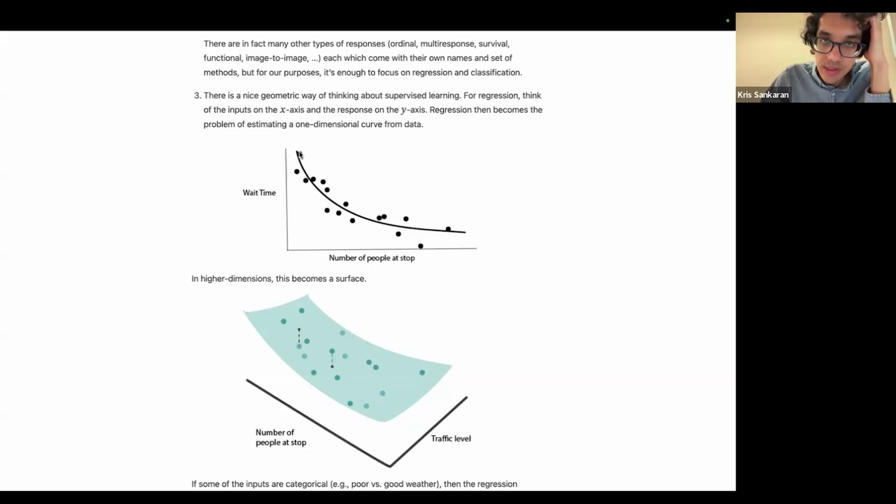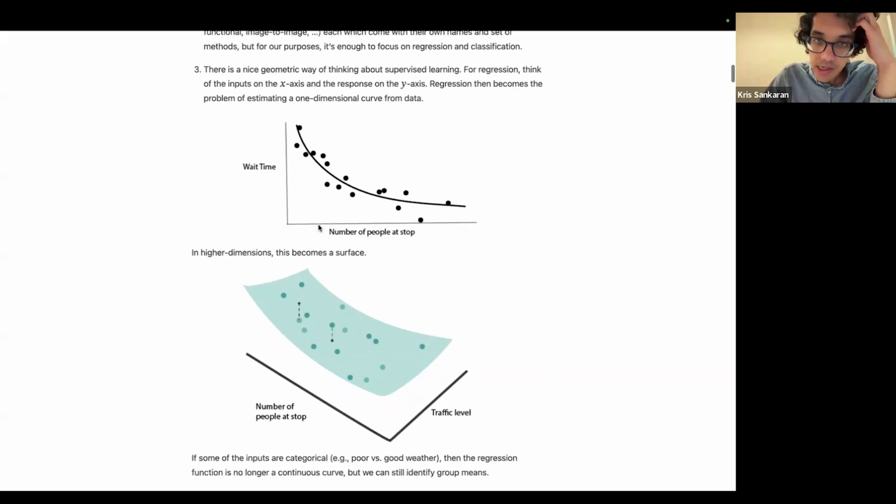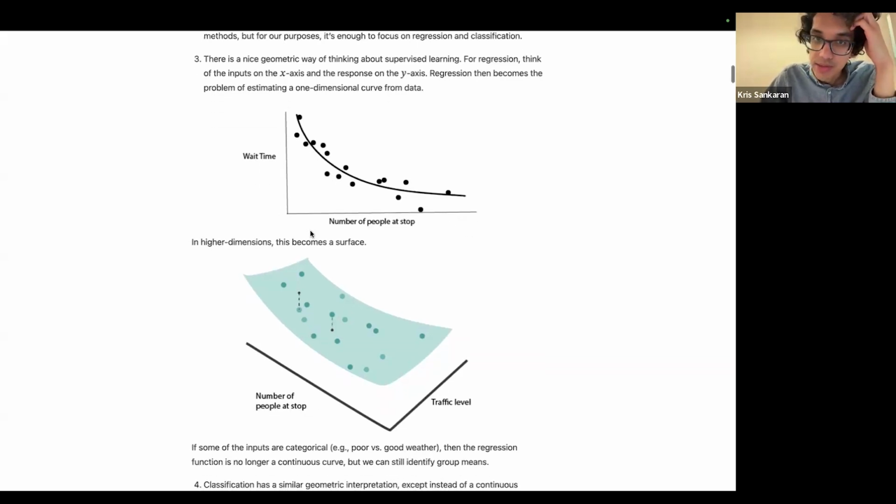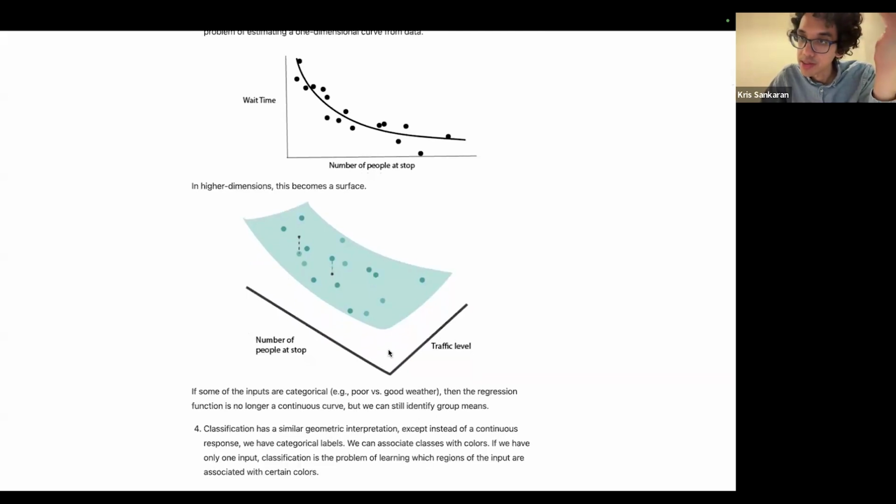So this kind of continuous regression, you can think of as: there's this continuous y-axis, and you need to fit a curve to that continuous y value. This is how it looks if you have just one feature. If you have multiple features, then it starts looking like surfaces, right? So this is the same x-axis as the previous one, but now I have introduced a new variable that I've also collected at the time.